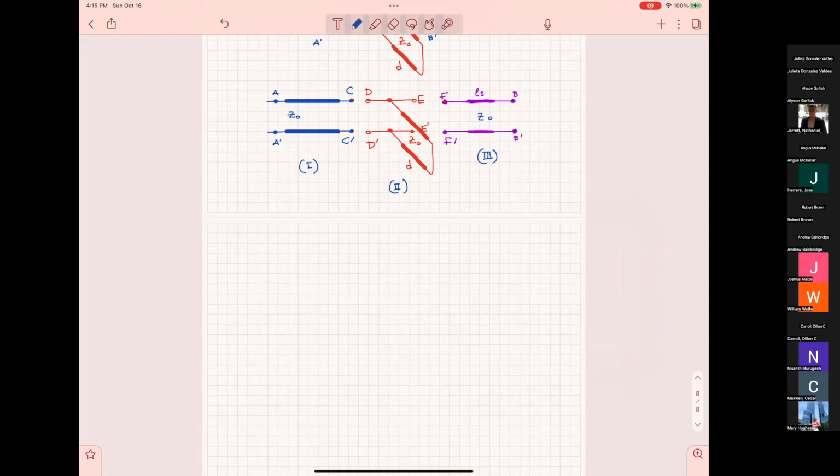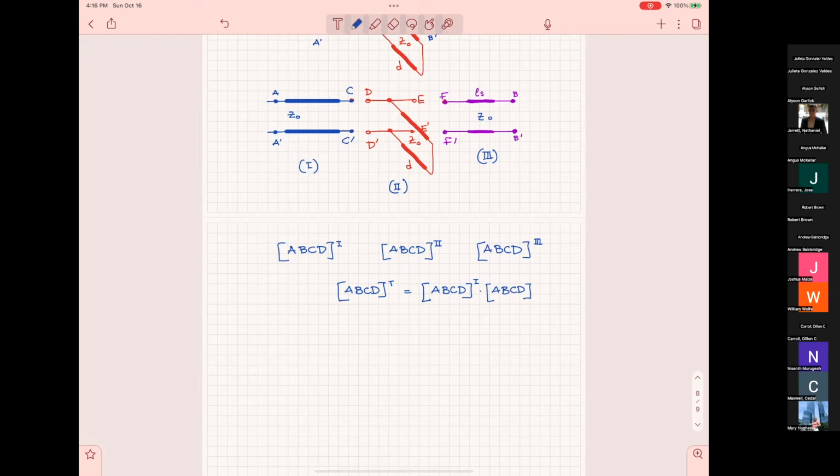If I find the ABCD matrix for 1, that's how I indicate it, and then the ABCD matrix for 2, and then the ABCD matrix for 3, then I know that the total ABCD matrix is going to be the product of the three: 1 times 2 times 3. Do you know why I can do that?